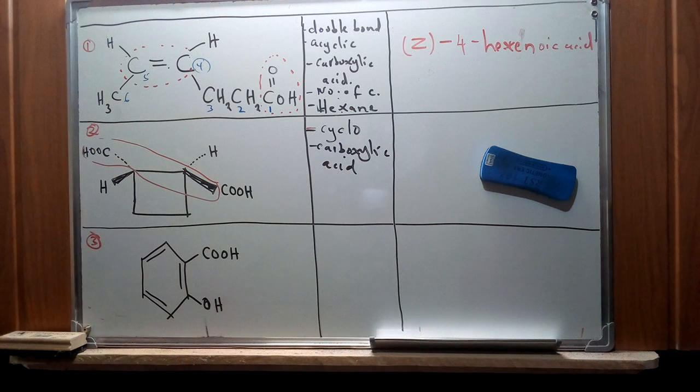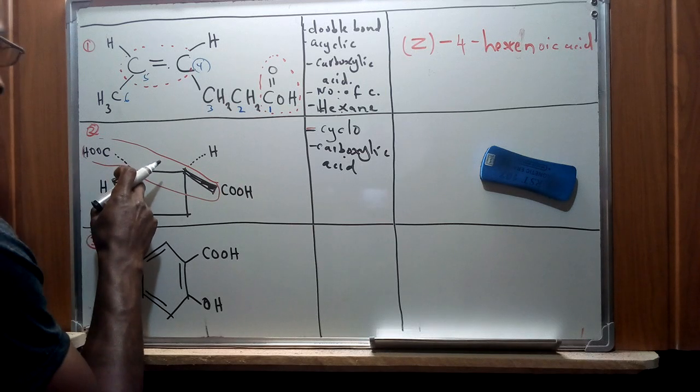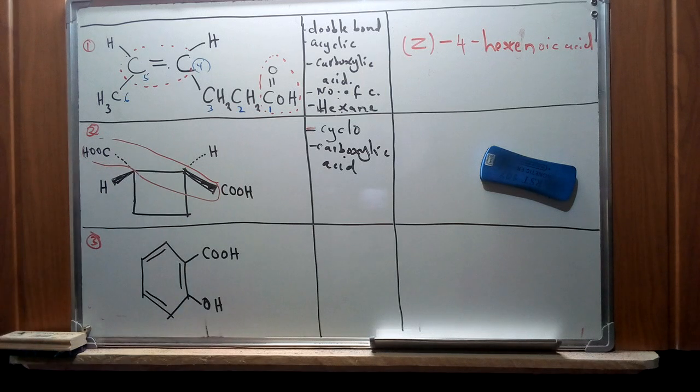And then number 3, what else can we see? The number of carbon atoms: 1, 2, 3, 4. So when we are numbering carboxylic acids, we said we give the position of the functional group the lowest numbering combination possible.